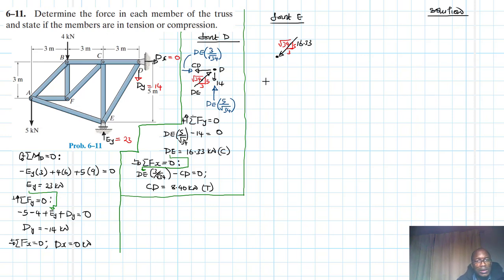Alright, and then we have a reaction force at the bottom of 23, and this is E. And then let's say this one is in tension, and this one is AE.